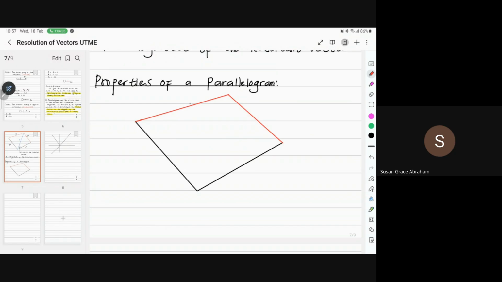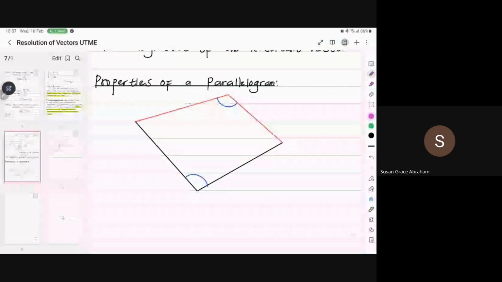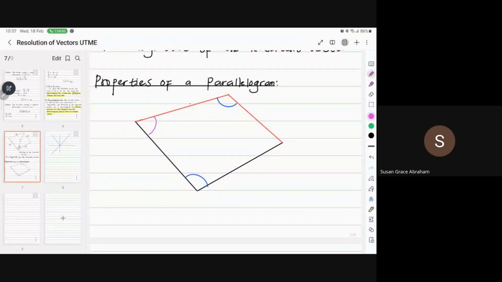So it might not be perfect, but just take it that way, my people. So there's an angle here, an angle here, an angle here, and an angle here. Are we together? So let's call this our A, here our B, here our C, here our D.